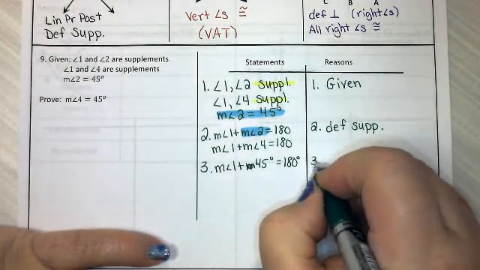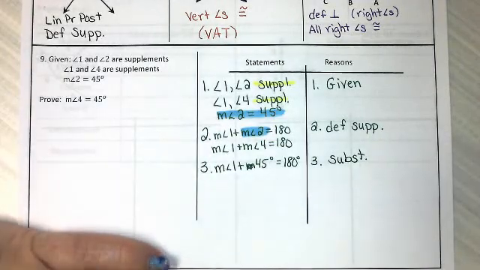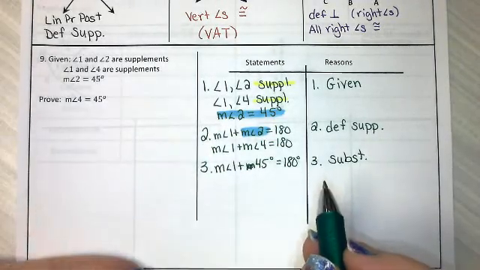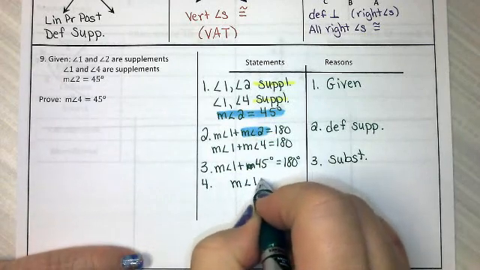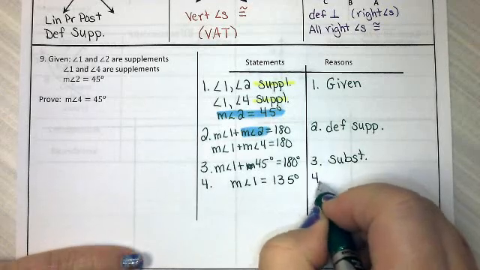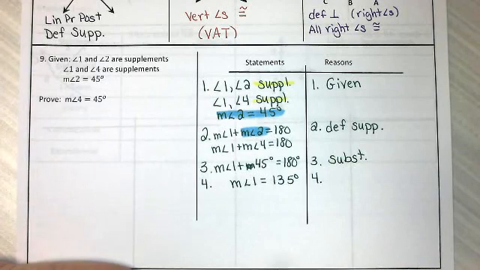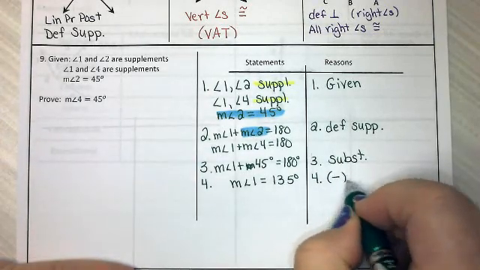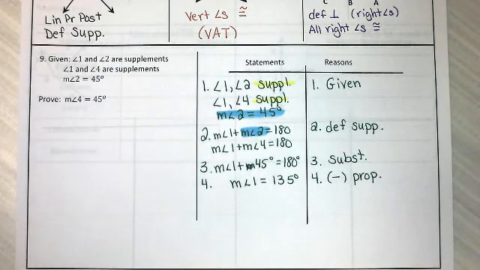That was substitution. We took something out, we replaced it with something it was equal to. All right. Now, can I say that the measure of angle 1 is 135 degrees? And if I can, what did I just do? I did the subtraction property of equality, where I subtracted the same number from both sides.